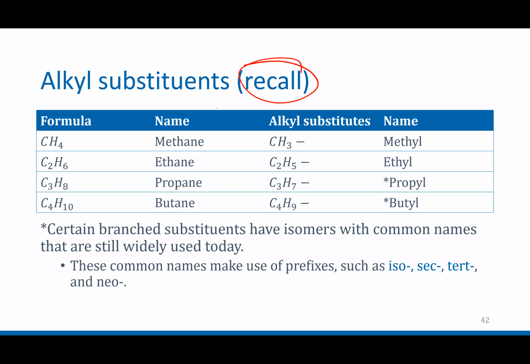So again, this is just total recall. We've done this before. One carbon is methane, 2 is ethane, 3 is propane, 4 is butane. But when they become branches on a carbon chain, instead of methane we have a methyl group, and ethane becomes an ethyl group.